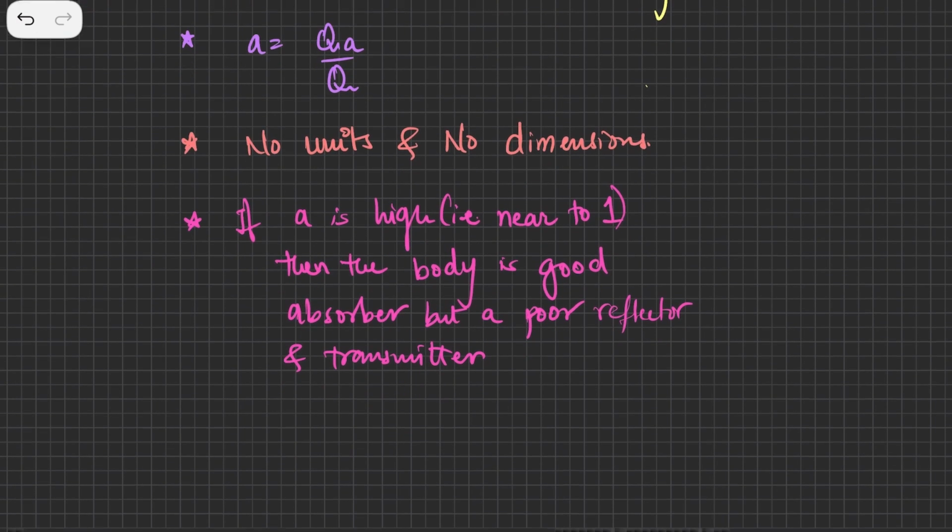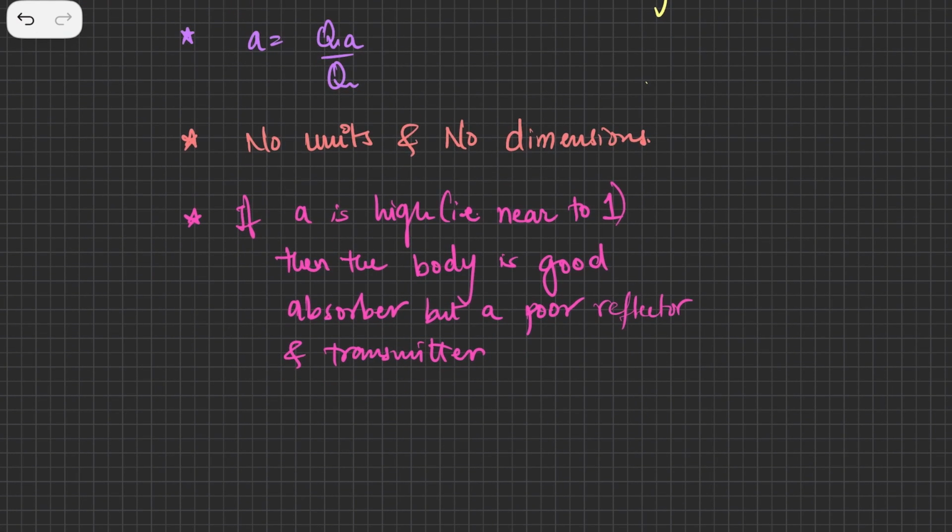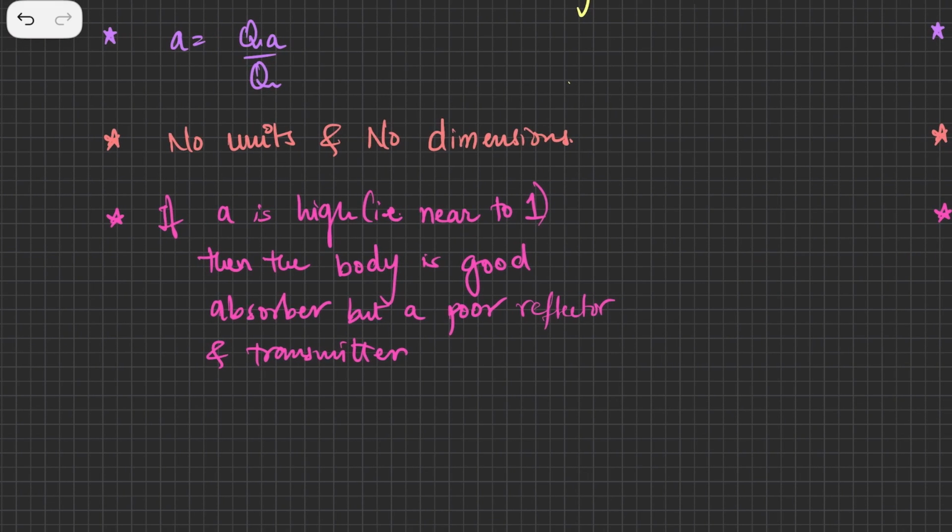Now just a logical statement. If the value of A is high, meaning it is near to 1. Let's say A's value is 0.9, R's value comes out to be 0.04, and T's value comes out to be 0.06, because the total has to come up to be 1.